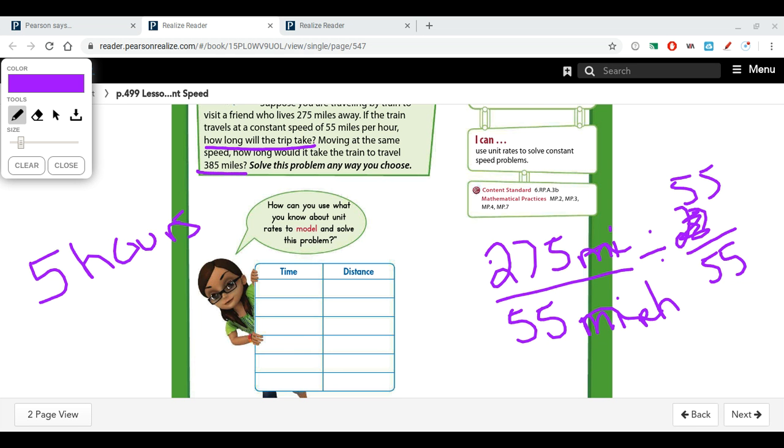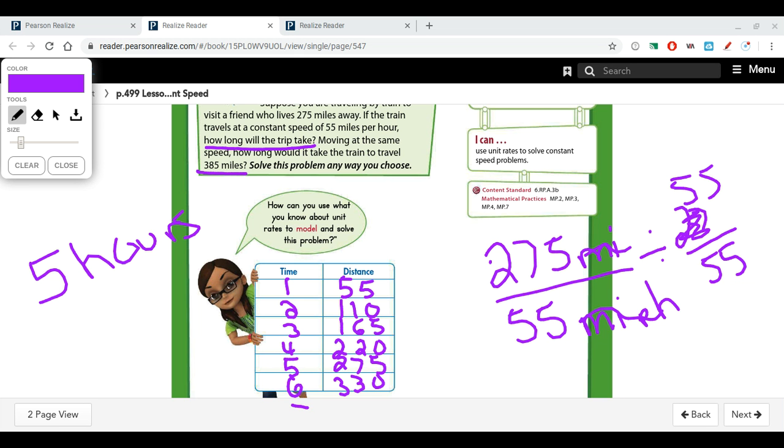And so another way that I can look at this is if I'm traveling 55 miles per hour, so 1 hour, I travel 55 miles. So I'm going to build my table. 2 hours, I'm going to travel 110 miles. 3 hours, it's going to be 165 miles. 4 hours, it's going to be 220 miles. 5 hours, it's going to be 275 miles. And then 6 hours is going to be 330 miles.